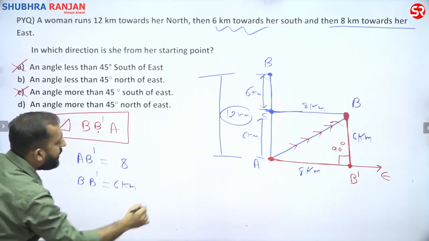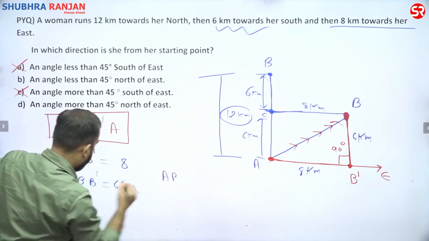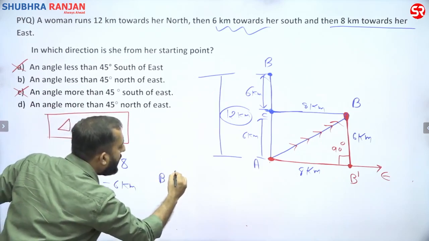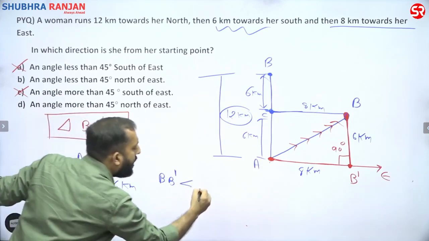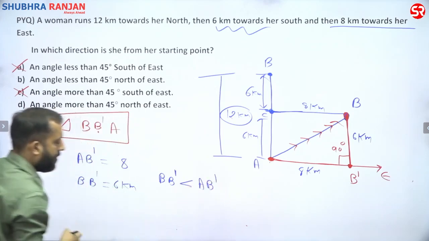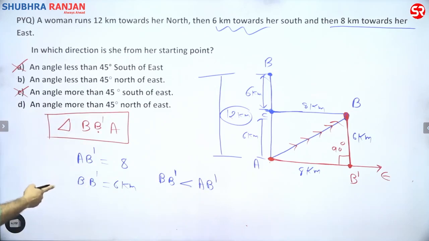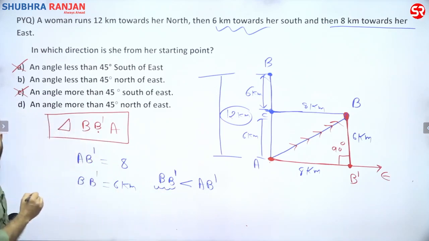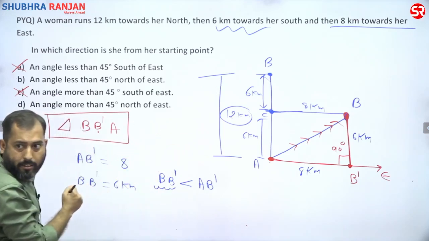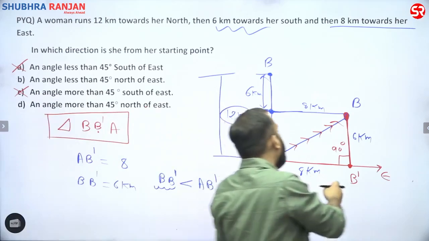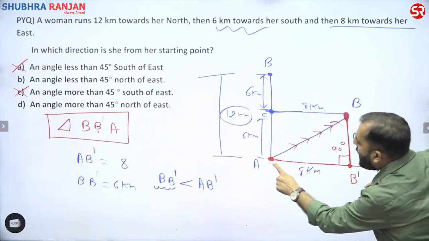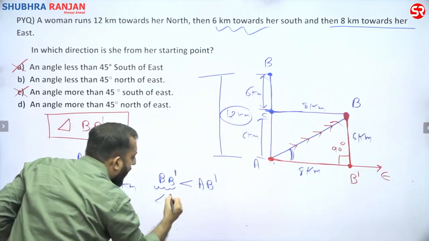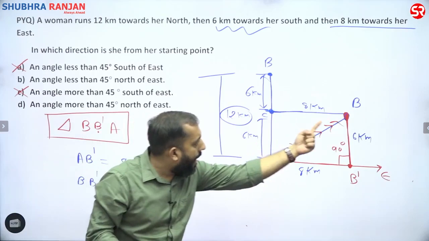Now I can see that BB dash is less than AB dash. So definitely the angle opposite to BB dash must be less. The angle opposite to BB dash is angle A. This angle A has to be less than angle B.